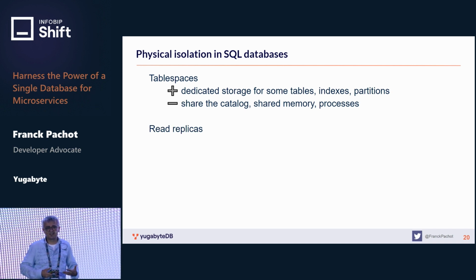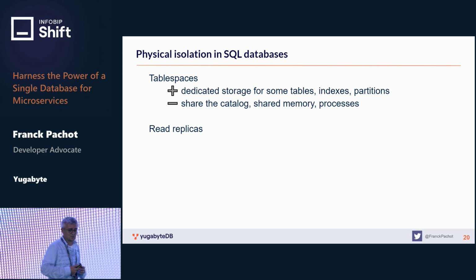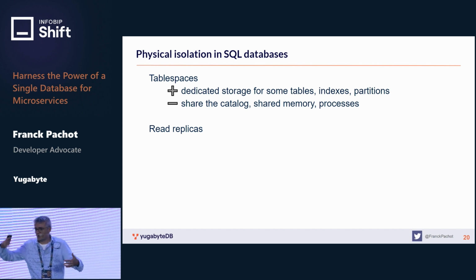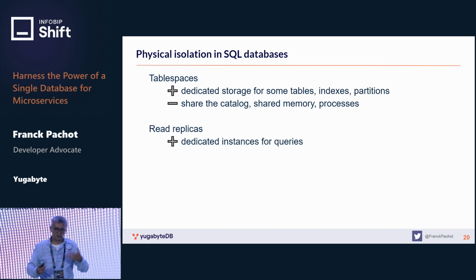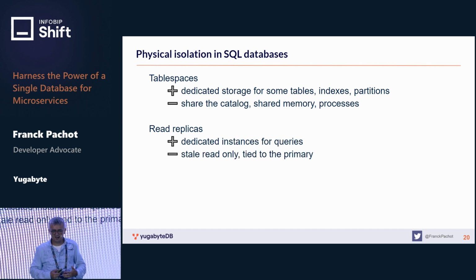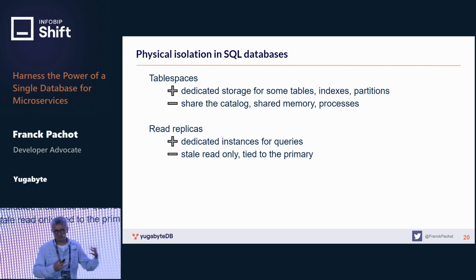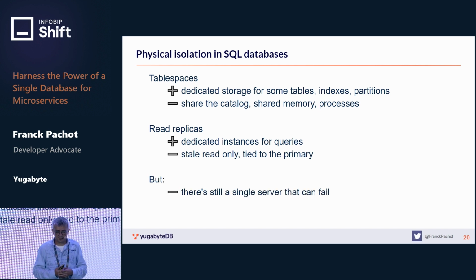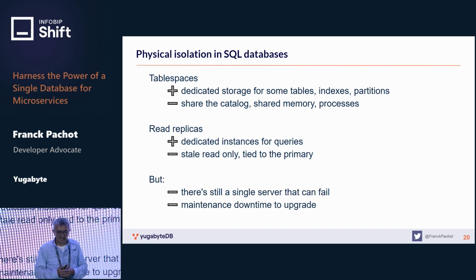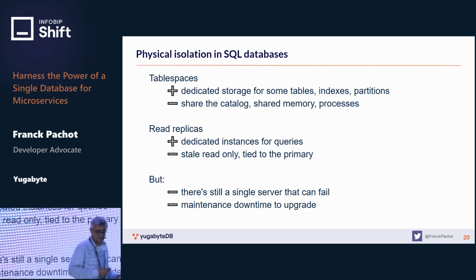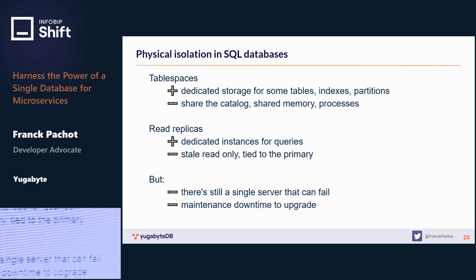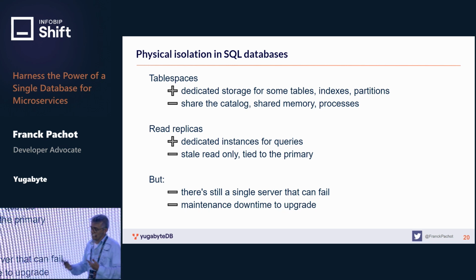Usually on monolithic databases, people start read replicas to physically have a memory and disk on a different server, but you can only read from it, and the reads are stale because you update them asynchronously, because if you update them synchronously, you did not really decouple anything. And with those databases, you still have the problem that you have a single writer instance, and if it fails, then everything fails.